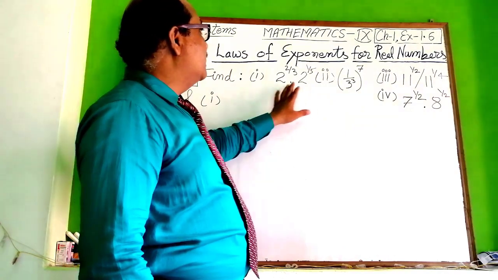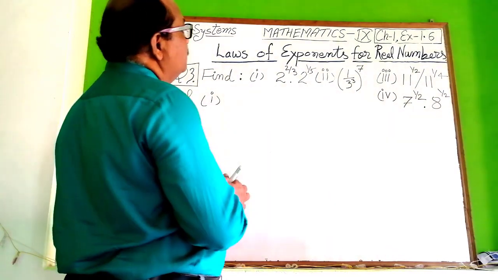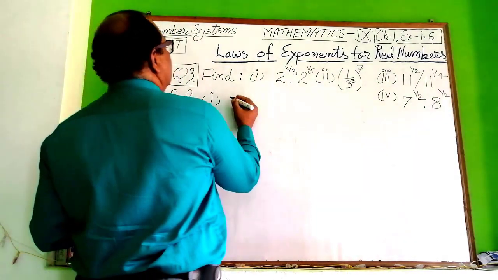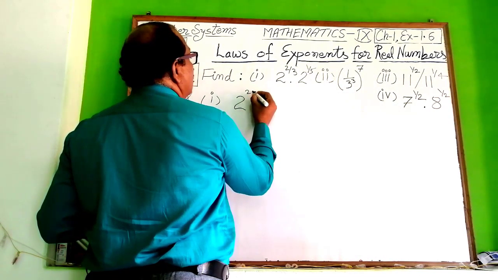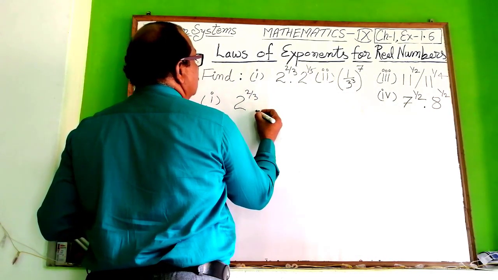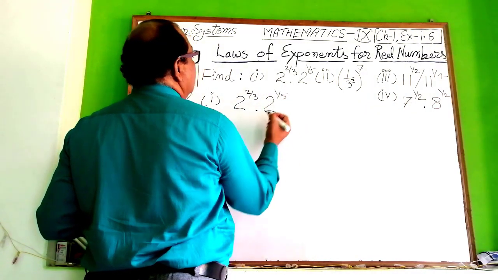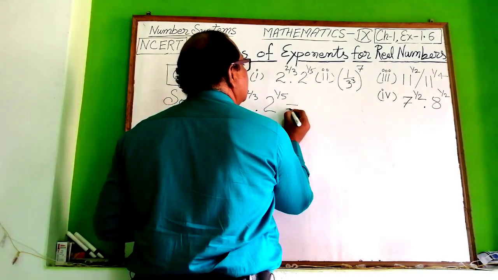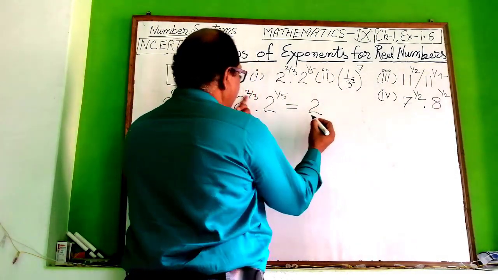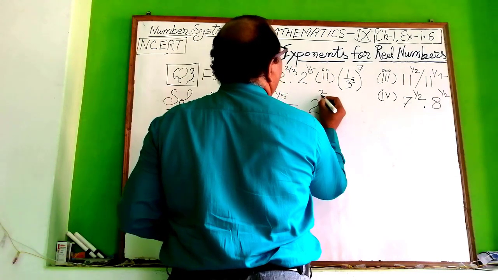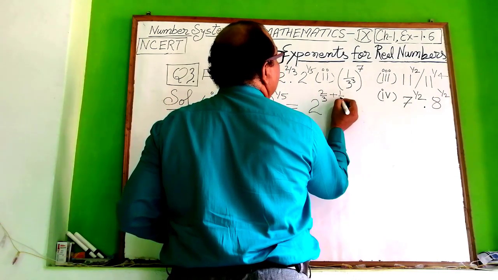You can see 1 and 2. So first of all I would explain the first part. 2 raised to the power 2 upon 3 into 2 raised to the power 1 upon 5. This can be written as, base is same, so powers will be added. So 2 upon 3 plus 1 upon 5.